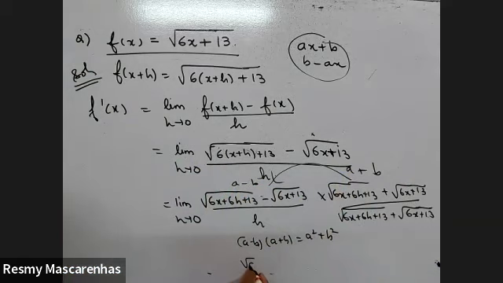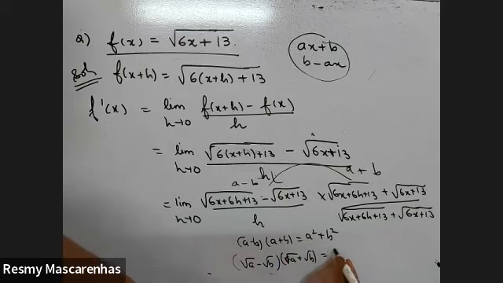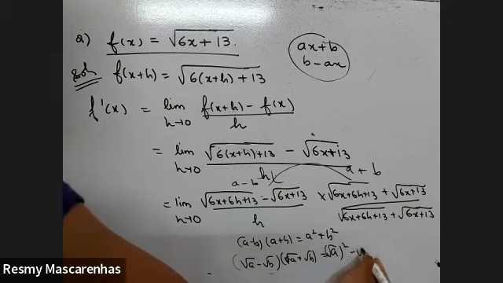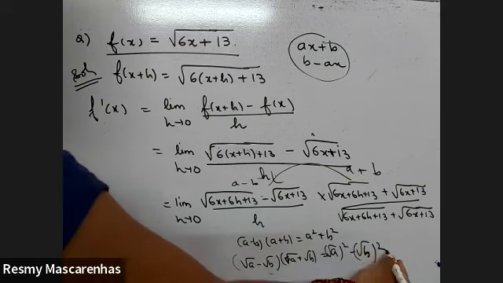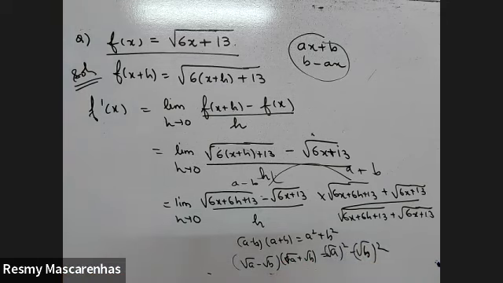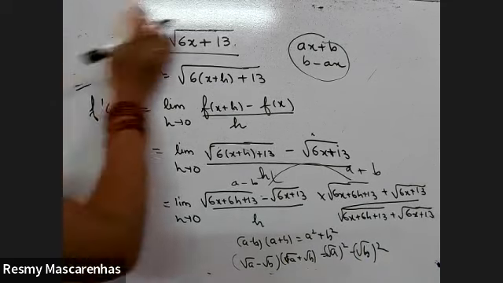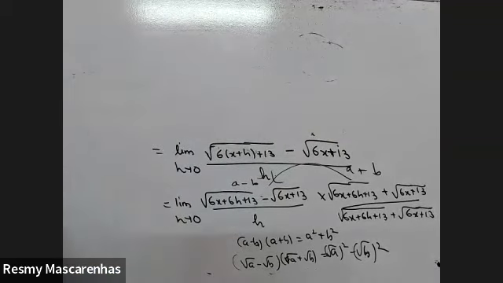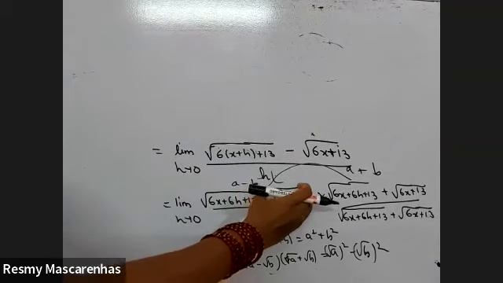So it's like root a minus root b into root a plus root b will always equal root a square minus root b square. This whole thing is a and this whole thing is b.